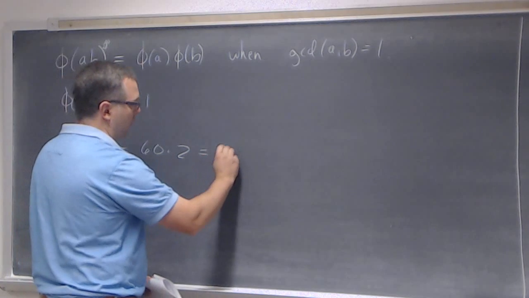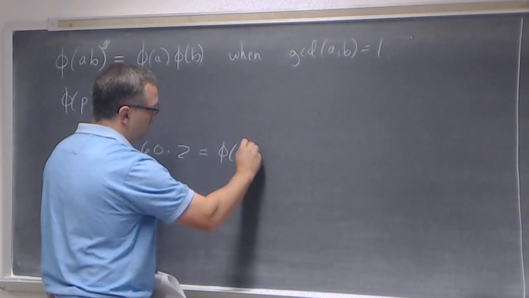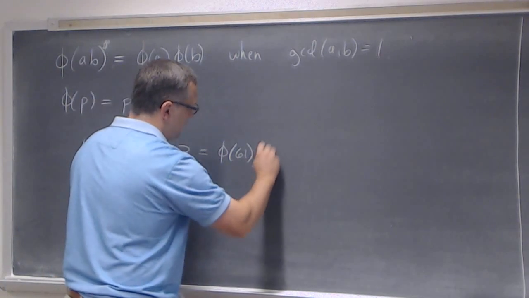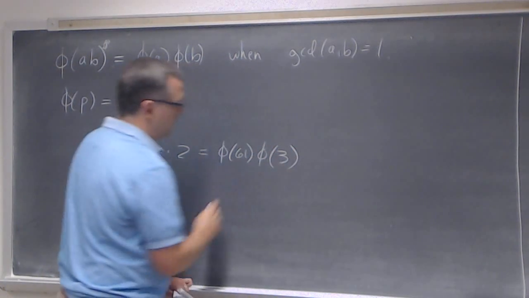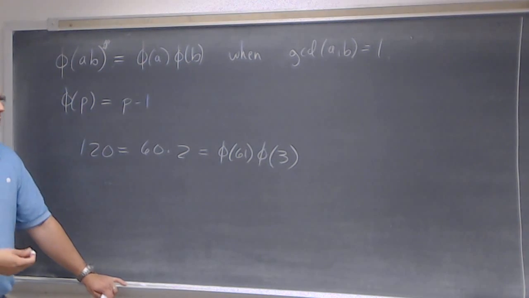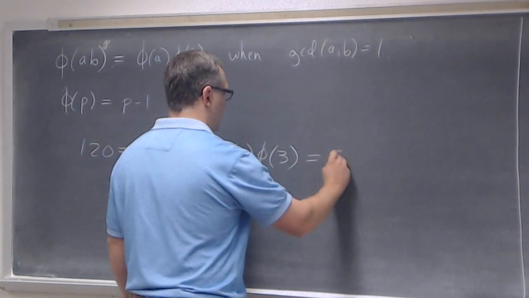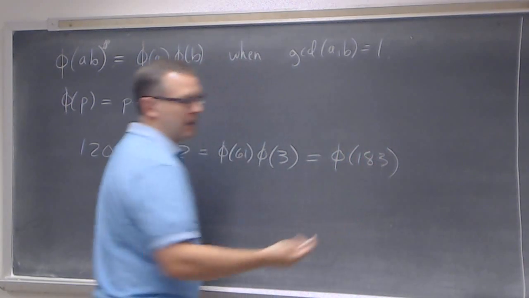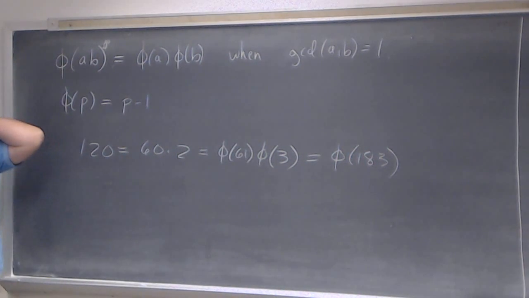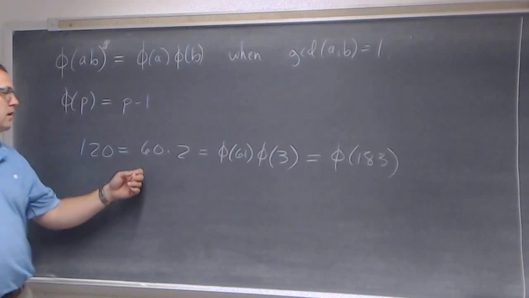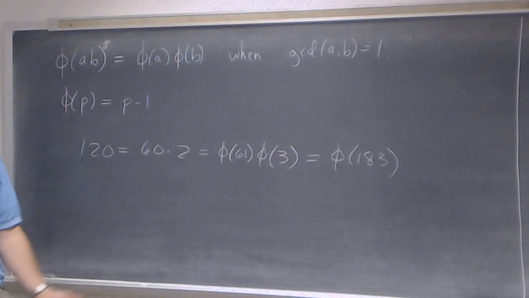So 60 you can think of as phi of 61, and 2 you can think of as phi of 3. 61 and 3 are relatively prime, so you build it up that way. That would be 183. You could also do 60 times 2 times 1, which is 120 as well.